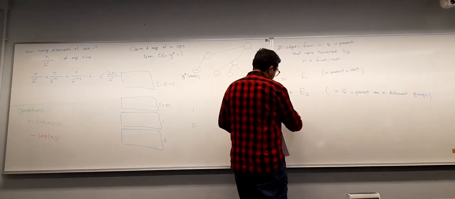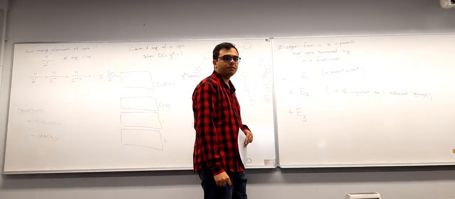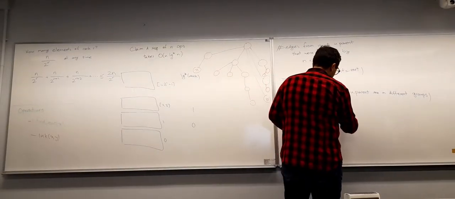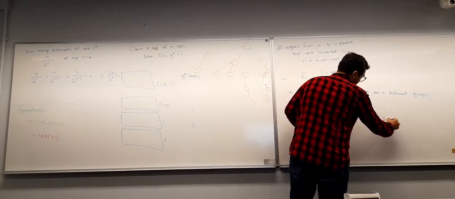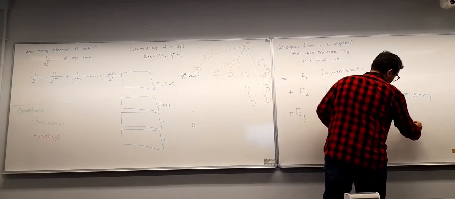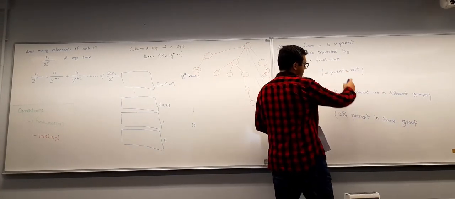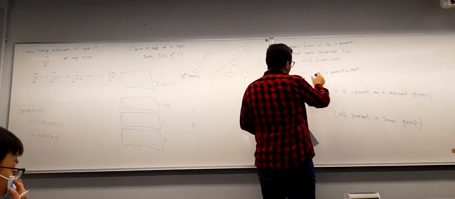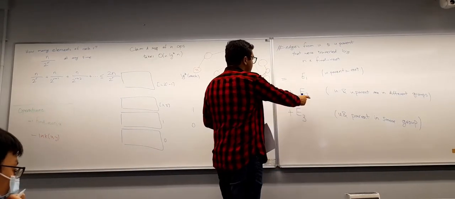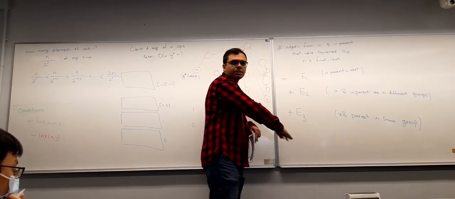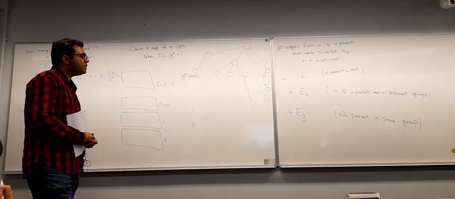Okay, and then I have E3, which are the edges where u and parent are in the same group. And of course, this is also assuming that the parent is not the root. So the case where the parent was the root is in E1, and in E2 and E3, none of them are the root. But in this one, I'm going between groups. In this one, I'm inside the same group. So let's just find bounds on the size of each of these sets.